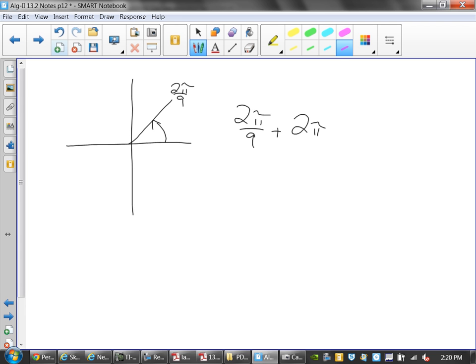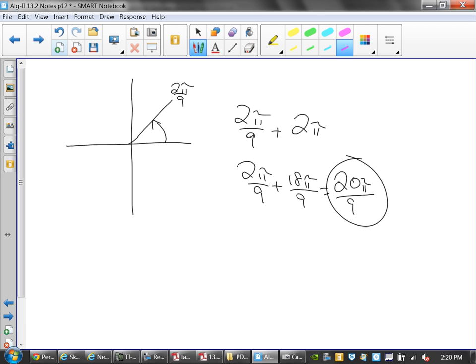But now I'm working with the fraction. What fraction am I going to write 2 pi as? 18 pi over 9. Everybody hear that? There's my positive coterminal.